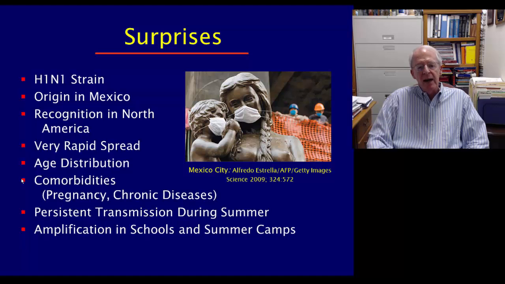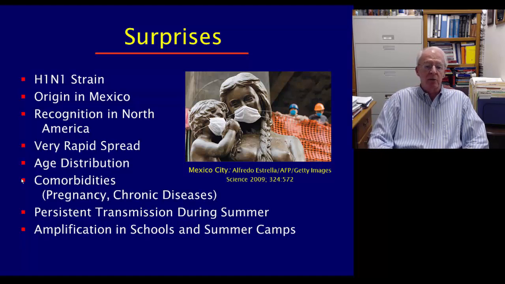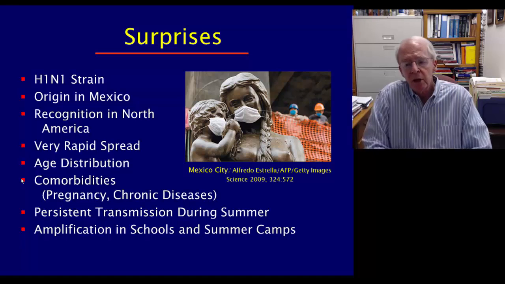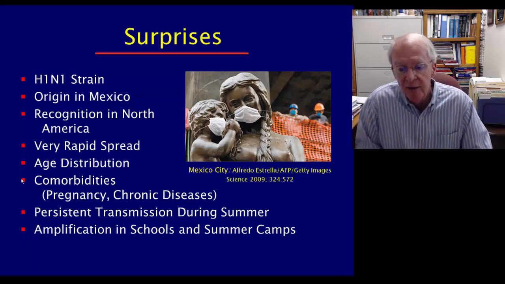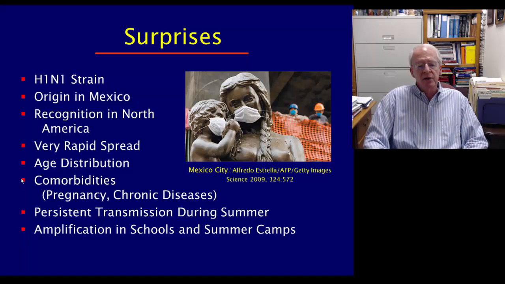It spread very rapidly. It had an unusual age distribution for influenza, a dramatic impact on young adults, for example. Comorbidities were important risk factors, particularly pregnancy and chronic diseases. Transmission persisted throughout the year and involved transmission during the summer, which is obviously unusual for influenza.